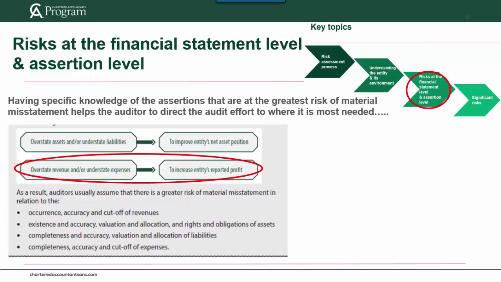As a result, auditors usually assume there is a greater risk of material misstatement in relation to the following: the occurrence, accuracy, and cutoff of revenues, the existence, accuracy, valuation, and allocation, and rights and obligations of assets, the completeness and accuracy, valuation, and allocation of liabilities, and the completeness, accuracy, and cutoff of expenses.